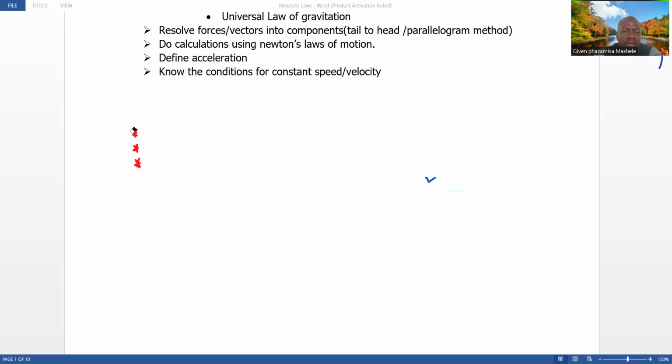A book that is on a stationary table. Let's say we have a table, and on this table there is a book. Here is the book on the table. And this object, we just regard it as an object, is stationary.